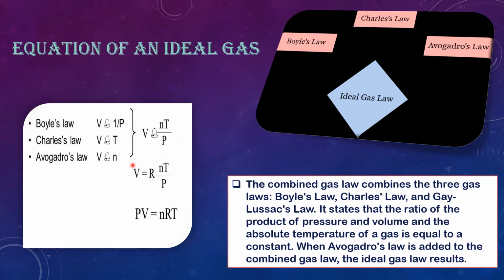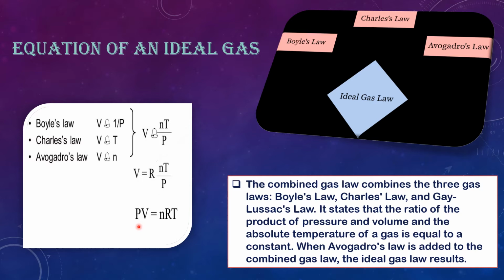After combining these three laws, we get V varies as N T by P. Since the variation sign is there, we have to take one proportional constant, and that is capital R. So V is equal to R N T by P.